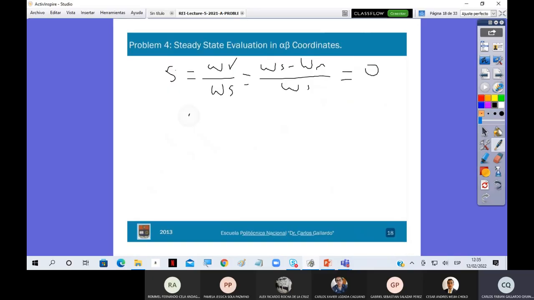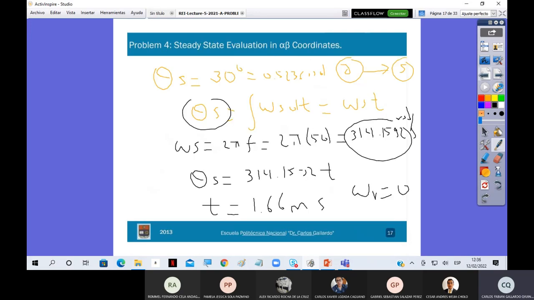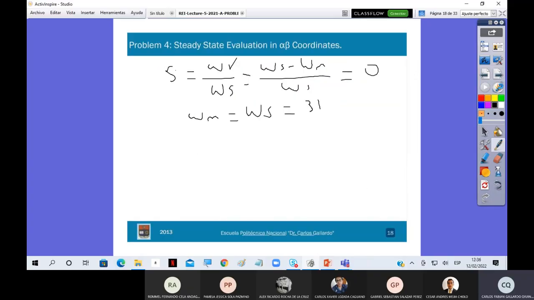Therefore, the mechanical speed is equal to the stator speed, which from the previous calculation is 314.1592 radians per second, taking into account the rotor speed is equal to 0 radians per second according to the problem.